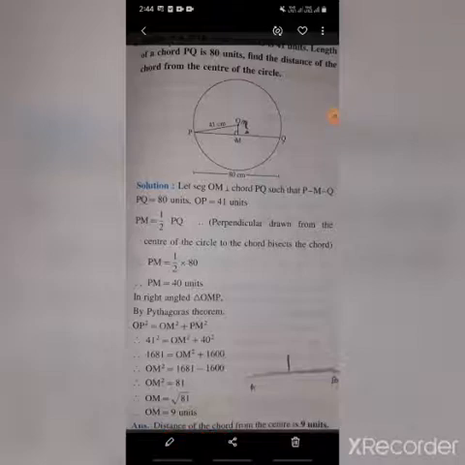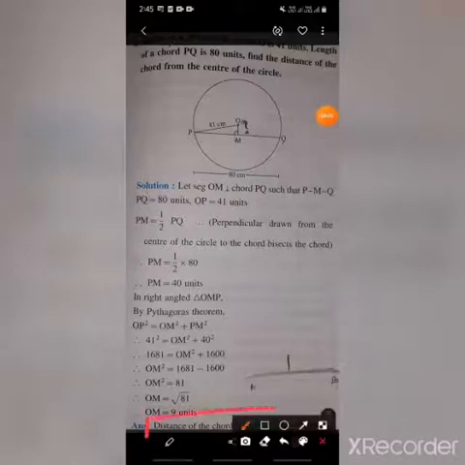The question was to find the distance of a chord from the center of the circle. So the distance of the chord from the center is 9 centimeter.